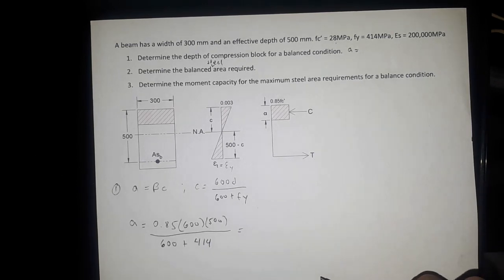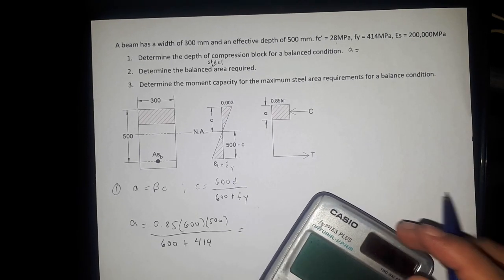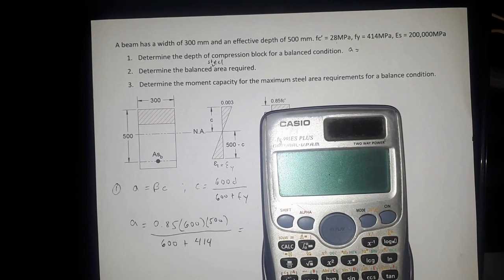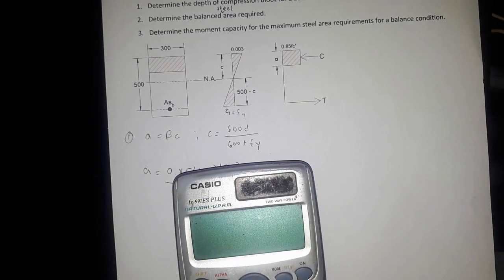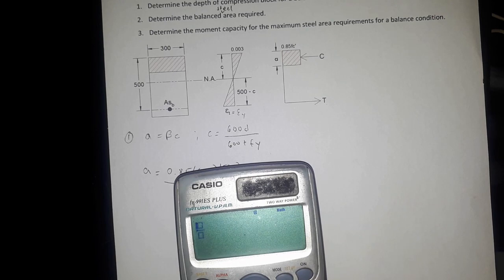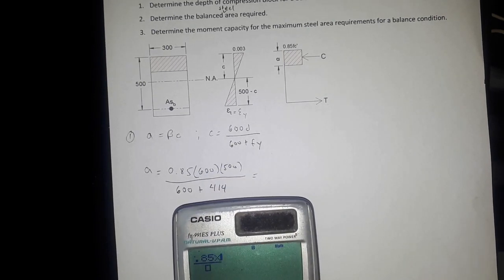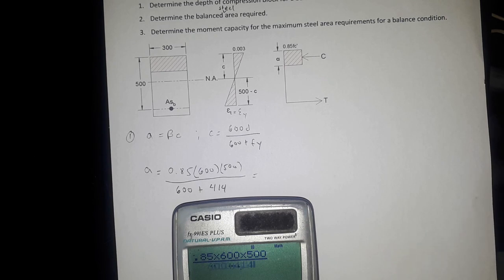So, therefore, our a is equal to 0.85 times 600 times 500 over 600 plus Fy.